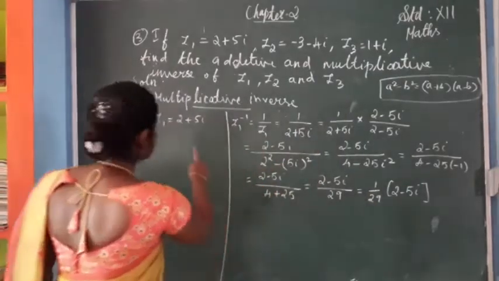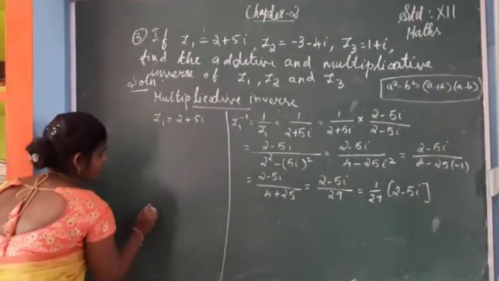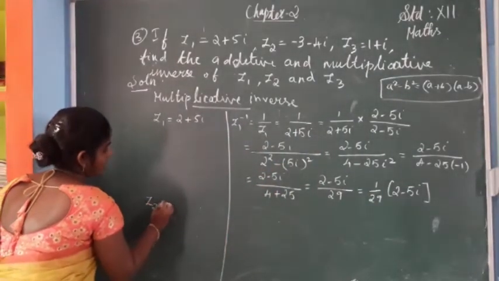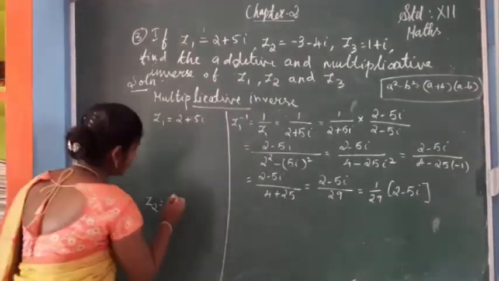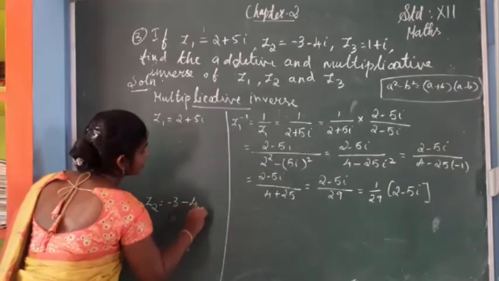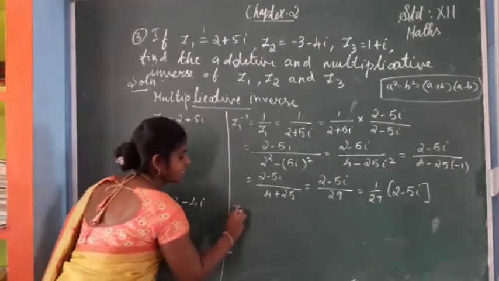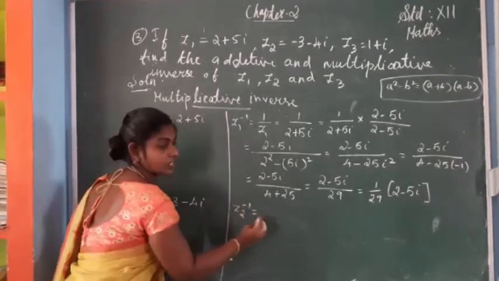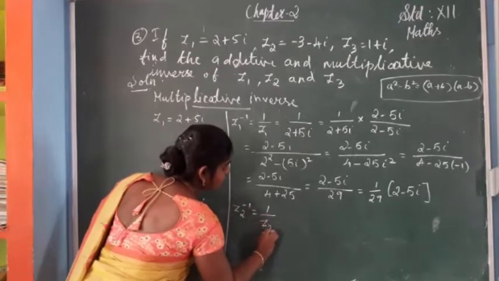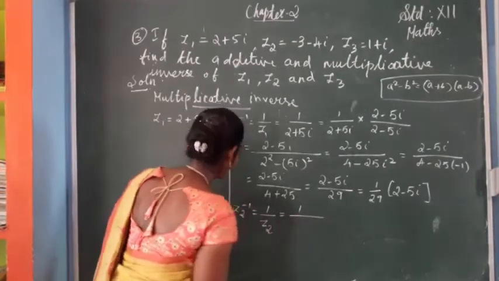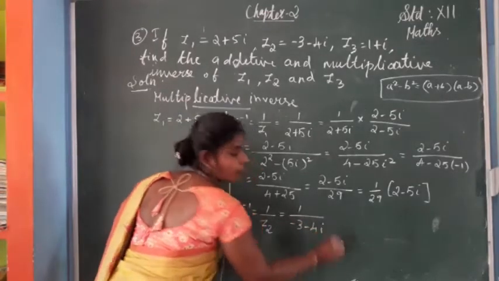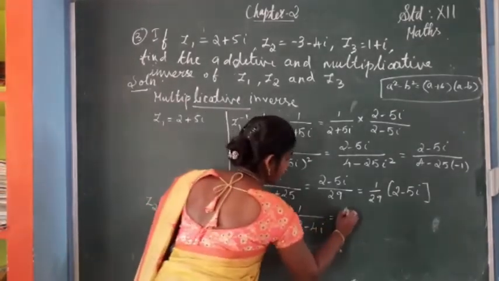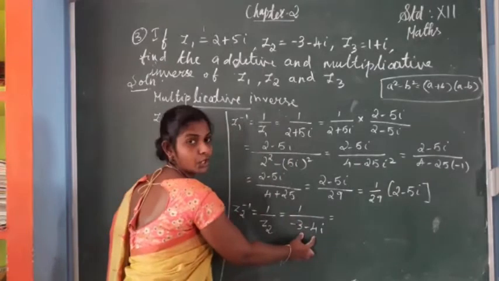This is for Z1. So next we can find for Z2. Z2 the value is minus 3 minus 4i. So Z2 inverse is equal to 1 by Z2, that's equal to 1 by minus 3 minus 4i. We take the conjugate for the denominator.